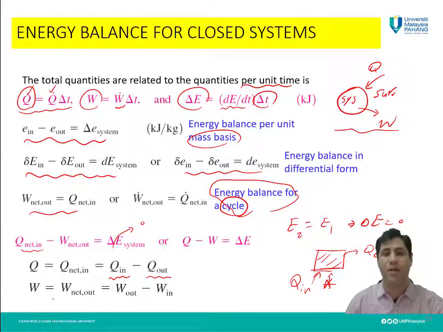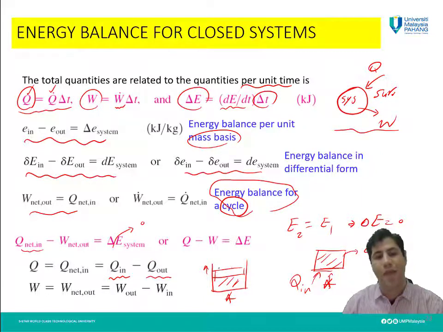Same for W net, where we have a piston and cylinder. The movement of the piston, with a heat source again here, will move upward, and we have boundary work, if you remember from the previous session, which is work done by the system, or W out.